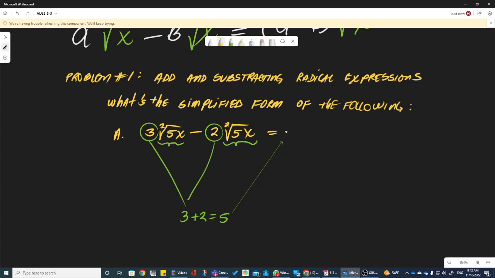And then you take this radical, which is the same, and you're going to put it in here, 5x to the square. And then this will be the final answer. Oh, I'm sorry, this was plus, okay? So 3 plus 2, 5, okay?